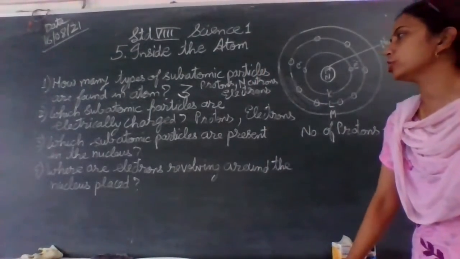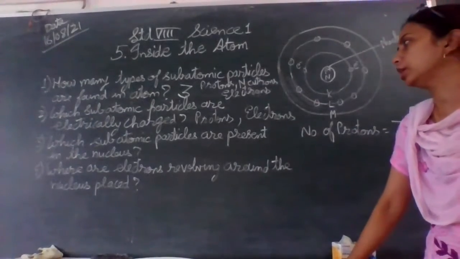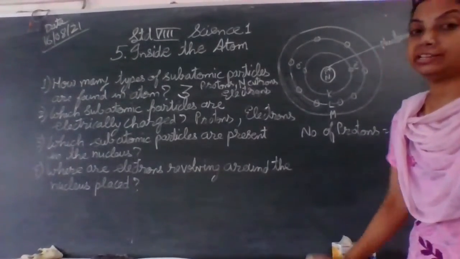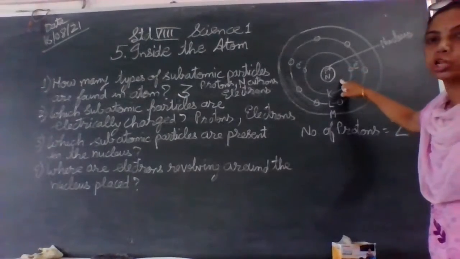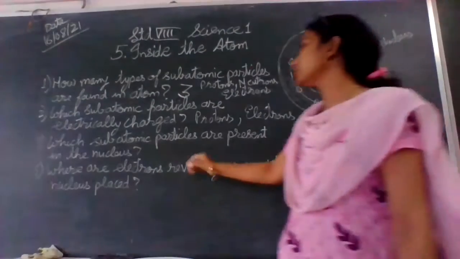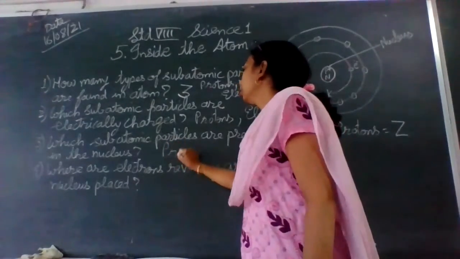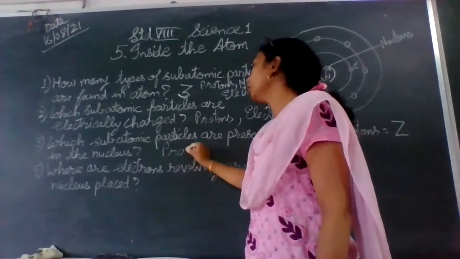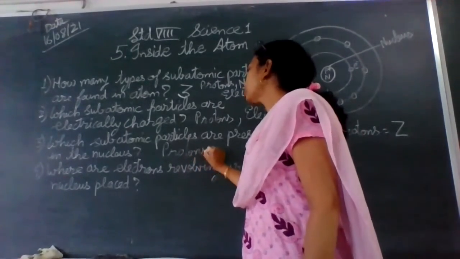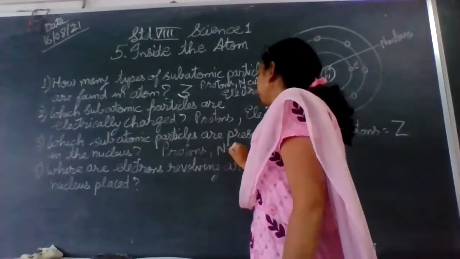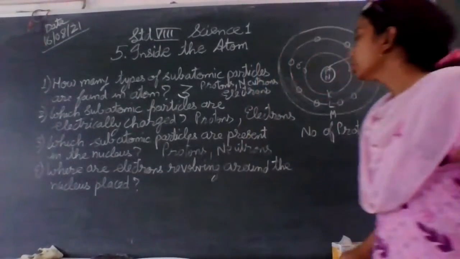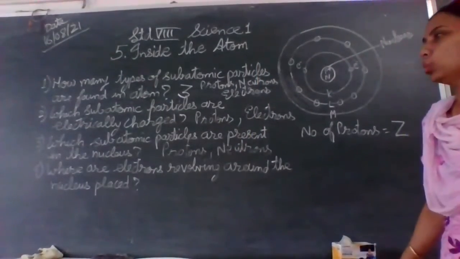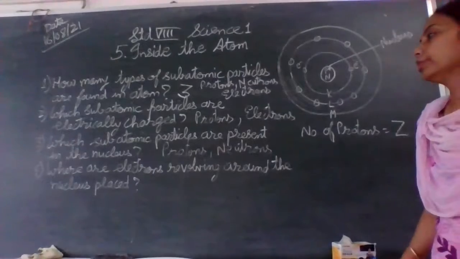The next third question is, which subatomic particles are present inside the nucleus? Inside the nucleus, we have protons and neutrons, while electrons are outside the nucleus. So electrons will not be included inside the nucleus.